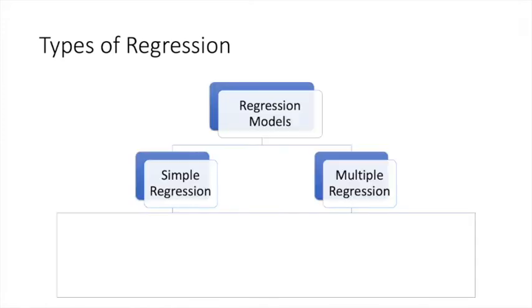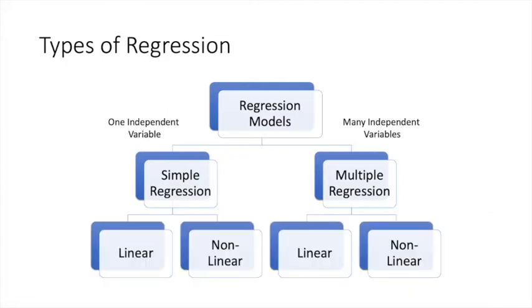Note, regression can be of many types. If we only have a single independent variable, we conduct simple regression. If instead we have many independent variables, we conduct multiple regression. Each of simple and multiple regression can in turn be either linear or nonlinear regression, depending upon what our parameters of regression look like.